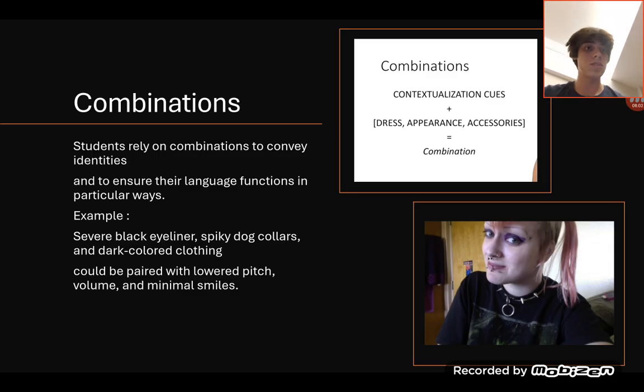An example, as you can see on the bottom right here, is a gothic girl who wears severe black eyeliner, spiky dog collars, and mainly dark colored clothing. This might signal to people that she might be sad, or she doesn't really smile. This could be paired with lowered pitch and volume, or minimal smiles, or maybe she's constantly listening to depressing songs, just based on the appearance here.